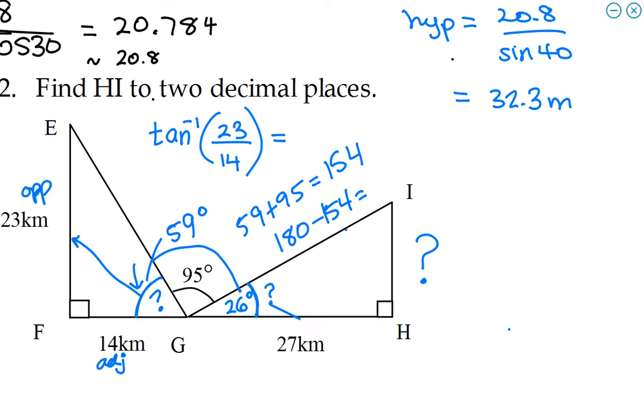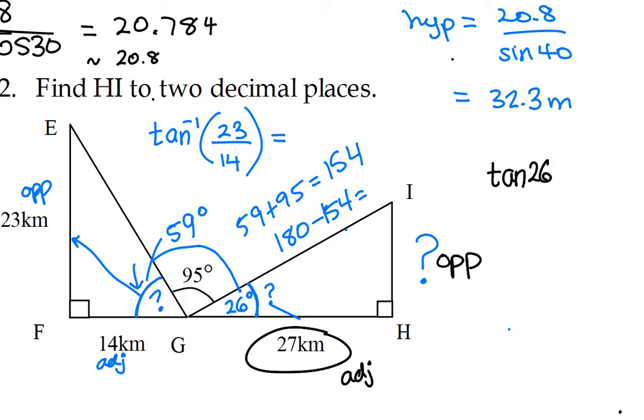All right, now we can do the right side. HI is opposite. Do you agree? HI is opposite. And 27, we have to use that, is adjacent. So now we have tangent 26 equals HI, the opposite over the adjacent of 27. This one's a little bit easier to calculate because what happens with that 27? Just slides up to the front, right?